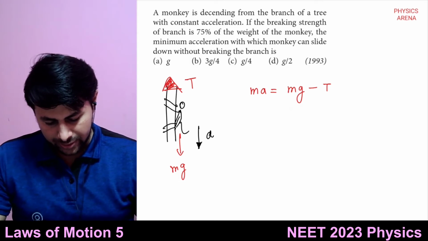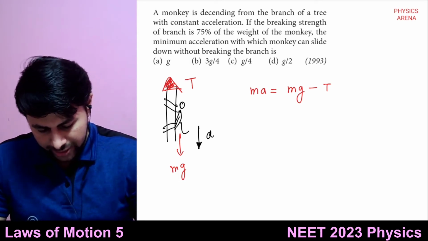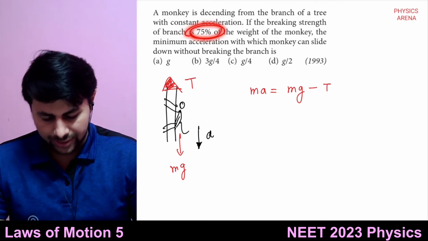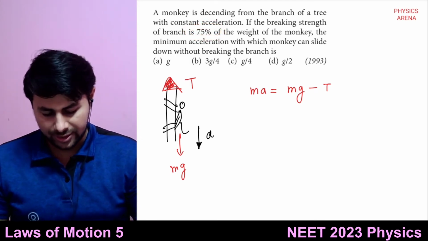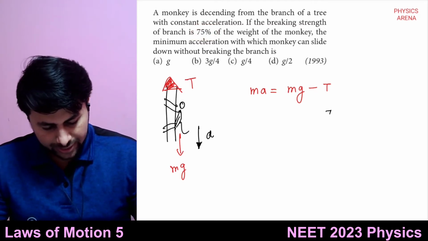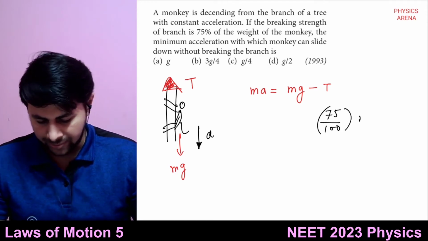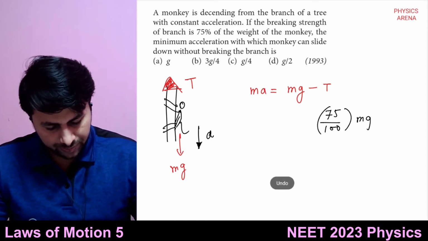Okay, tension in the branch, not string. So how much is the maximum tension that the branch can take? It is 75% of his weight. So we can write this as 75 by 100 of his weight, times mg.